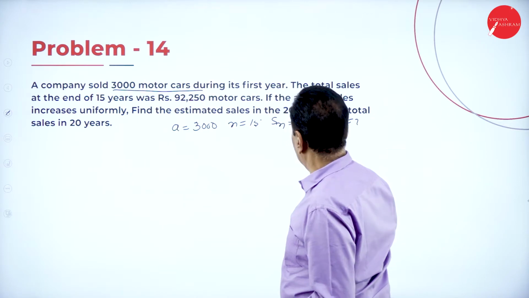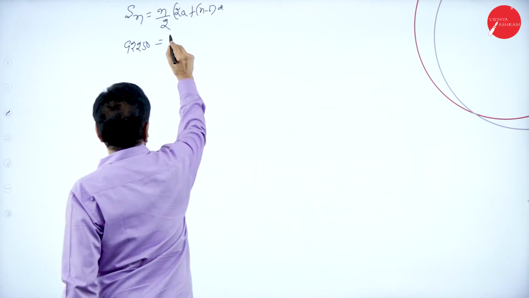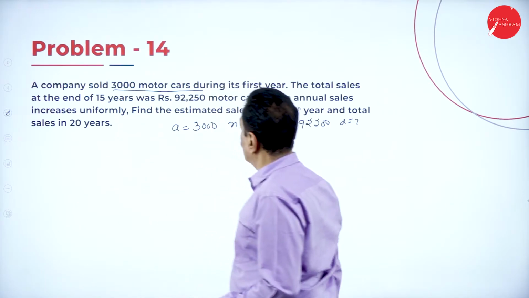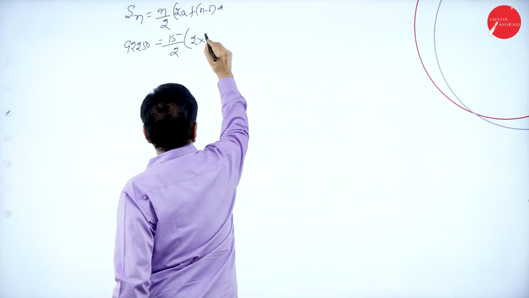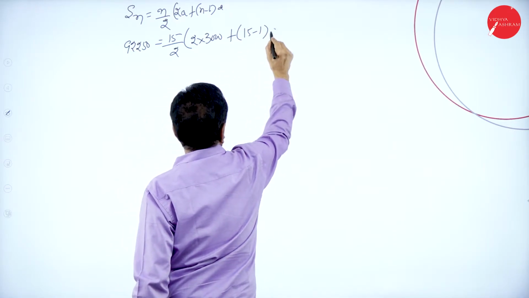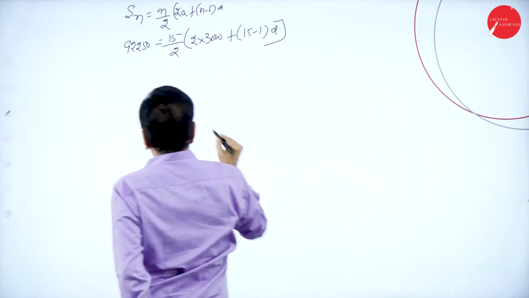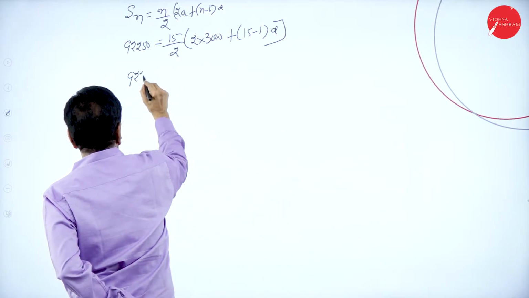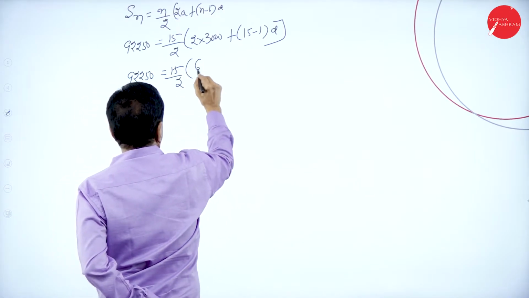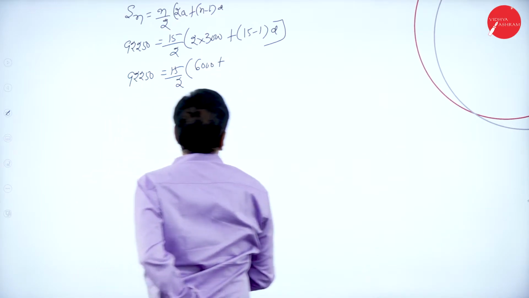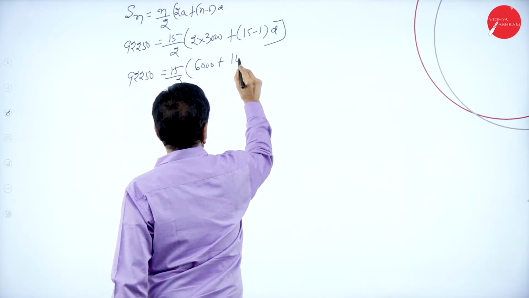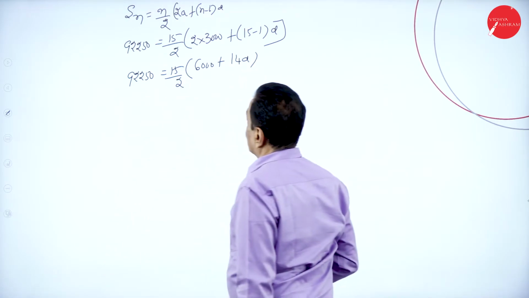Here now, 15 years. 15 by 2 into 2 into how many motor cars? 3,000, plus 15 minus 1 D we have to calculate. This is 92,250. 15 divided by 2 into 6,000 plus 15 minus 1, 14D. Cross multiply.